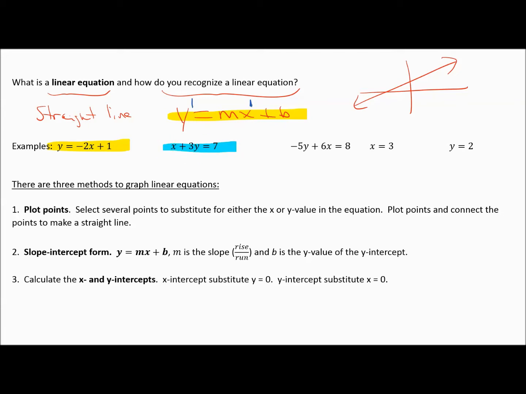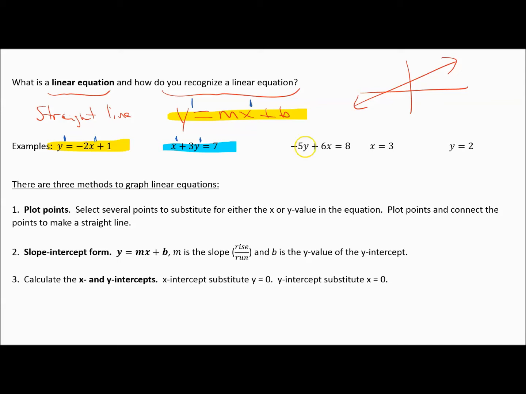The x and y are on the same side of the equation, but notice what's common for both of these is the y is to the first power and the x is to the first power. That means these would graph straight lines. They have a slope, they have a y-intercept, they have an x-intercept. The majority do anyway. We'll talk about ones that may be missing one or the other of those.